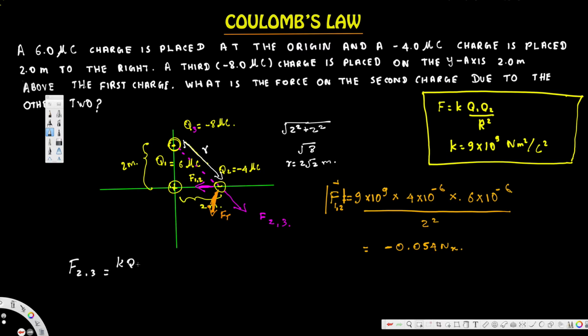K q1 q2 over r square. Let's call this one r23 square. So this is going to be 9 times 10 to the power of 9 times q1, which is, oh, this is 2, 3.